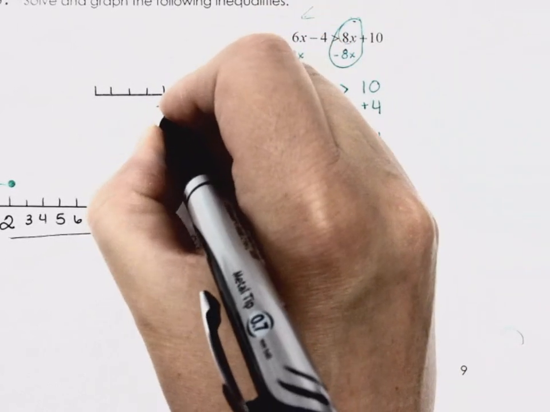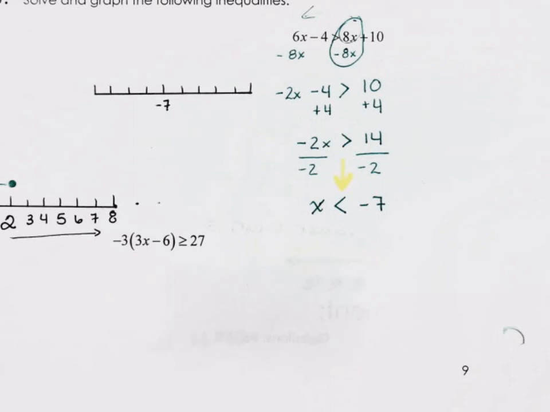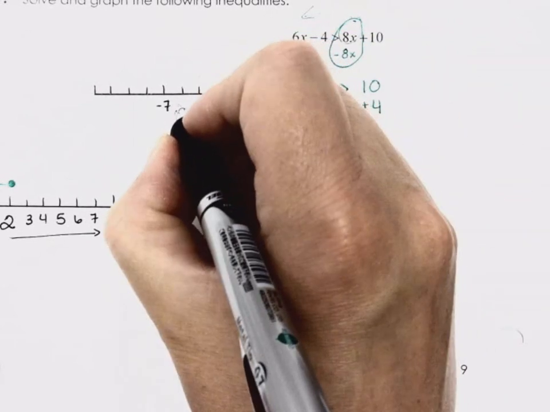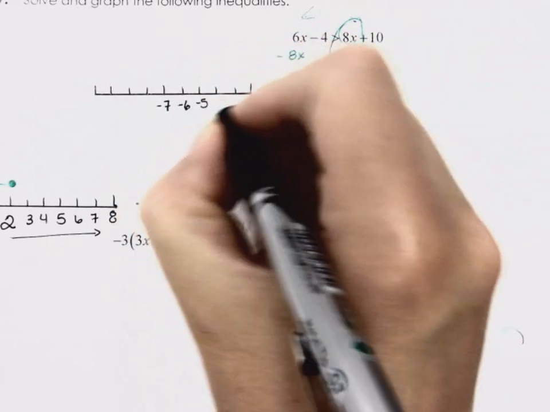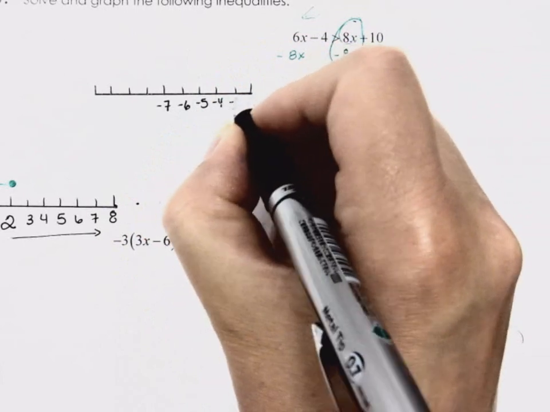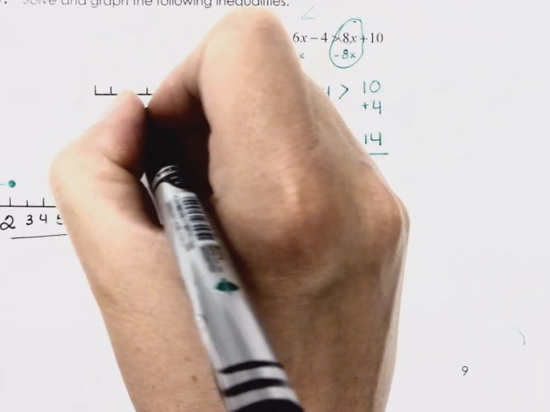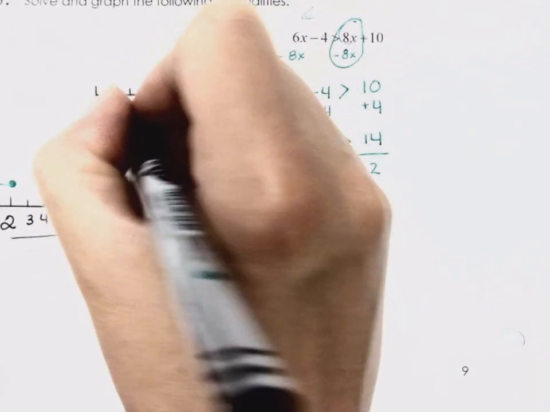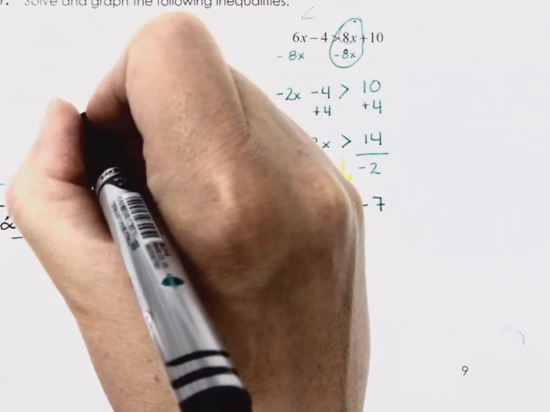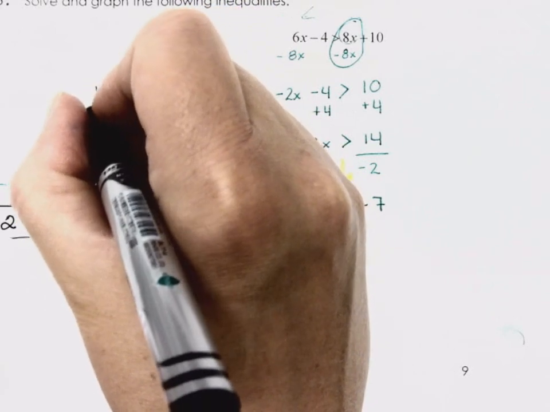So I'm going to drop that negative 7 on there. I'm going to pick numbers greater than negative 7. So negative 6, negative 5, negative 4, negative 3, negative 2. And I'm going to pick some numbers less than negative 7. So negative 8, negative 9, negative 10, negative 11.